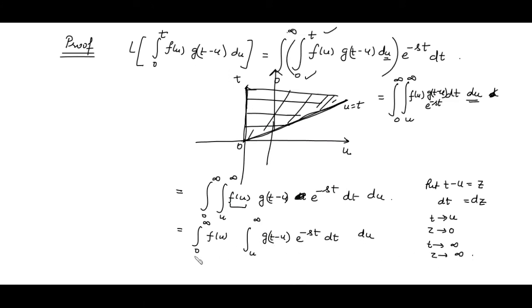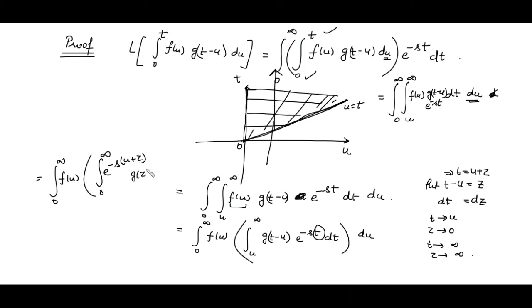So after applying the transformation, the value will be the integral 0 to infinity f(u) times the integral 0 to infinity e to the power minus s(u + z) g(z) dz, and then du, since t is u plus z. You can take e to the power minus su outside because that is independent of z.